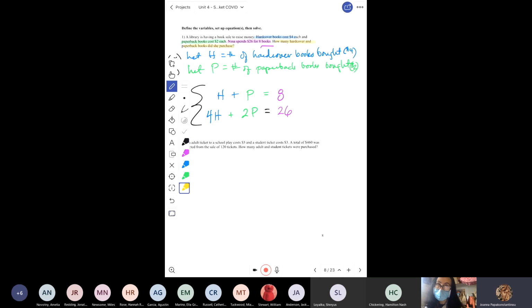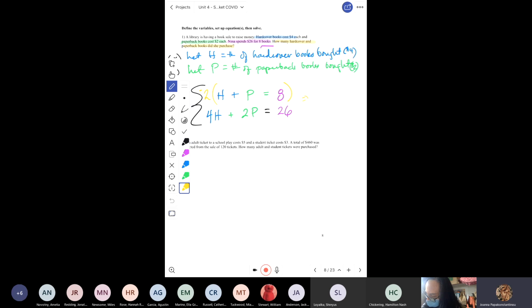Addition? Okay, you're going to have to tell me what method you're using on the test. So, what did you do first to solve it with addition? Multiply the bottom one by -2? Oh, okay. So you multiplied this one by -2. Is that what you said?